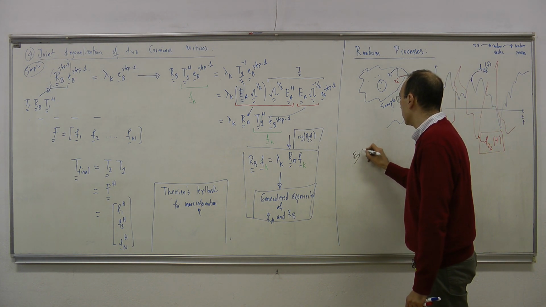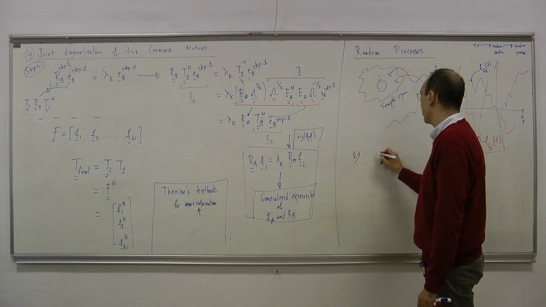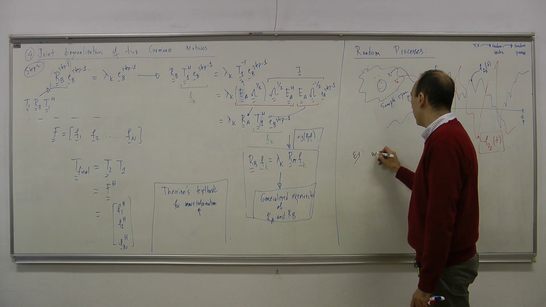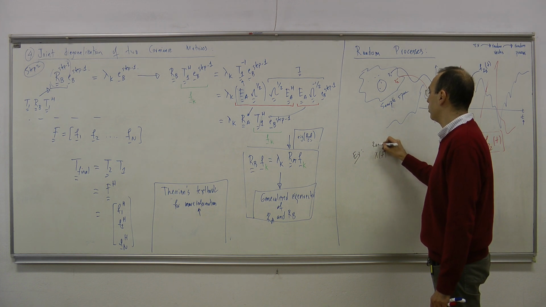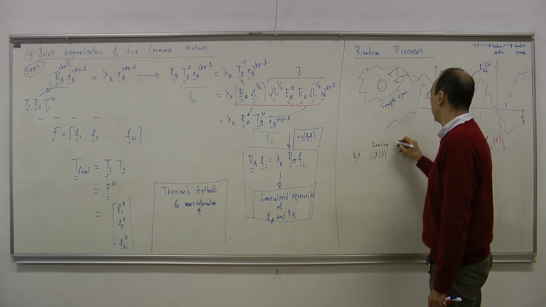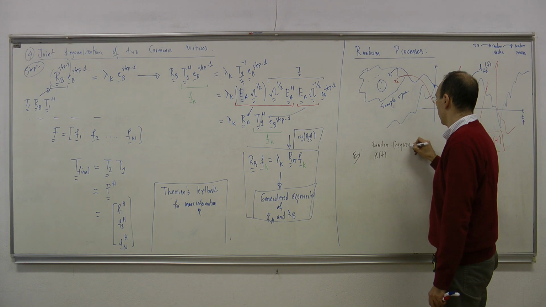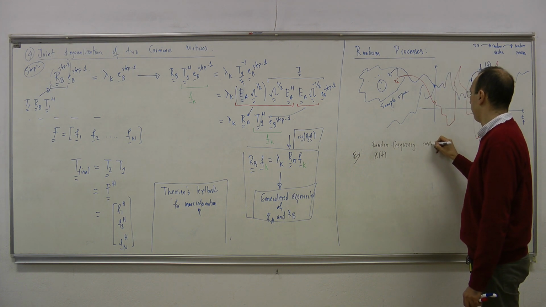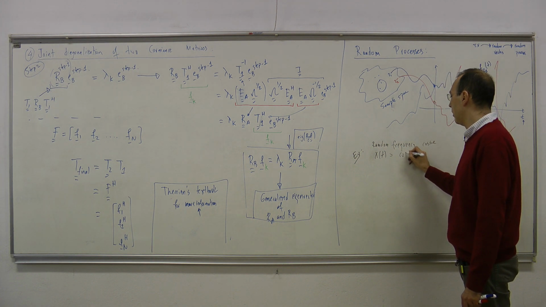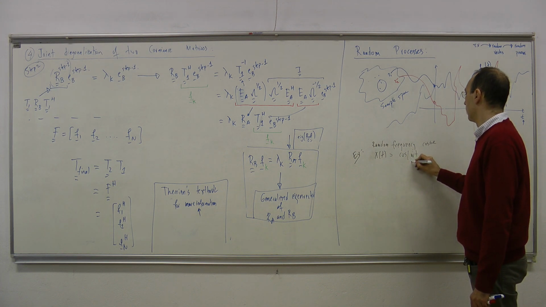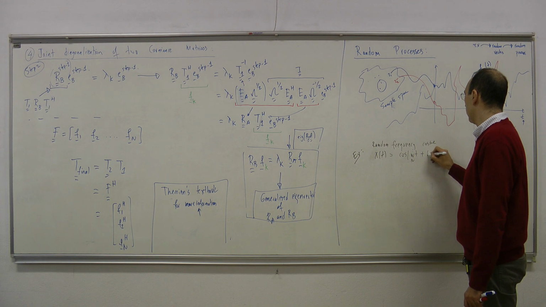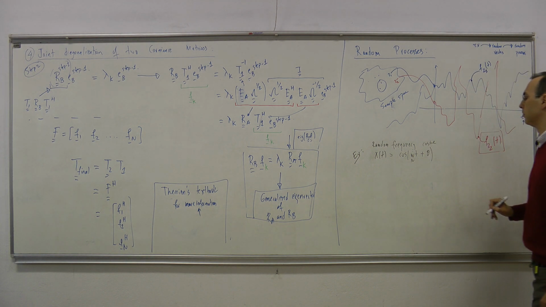This is an important example in telecommunications. Now let's say that x of t, with a random frequency, is cosine omega t plus theta.